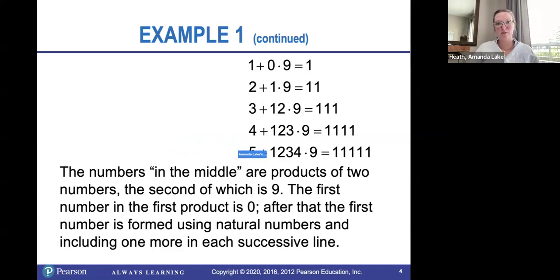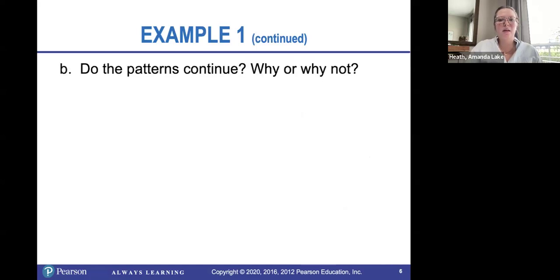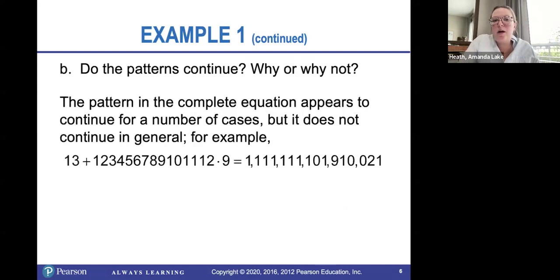But does it keep going forever? That's a question we could ask. So do the patterns continue? Why or why not? The pattern appears to continue for a number of cases, including the one I just showed you, but it actually doesn't continue in general. So if we look at this example, what we might call a counterexample to the pattern continuing forever, we have 13 plus 1, 2, 3, 4, 5, 6, 7, 8, 9, 10, 11, 12, right?